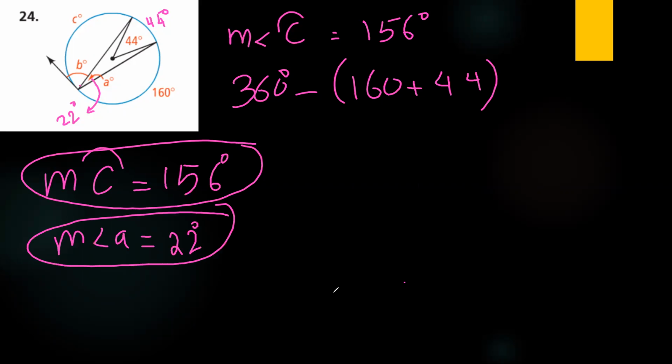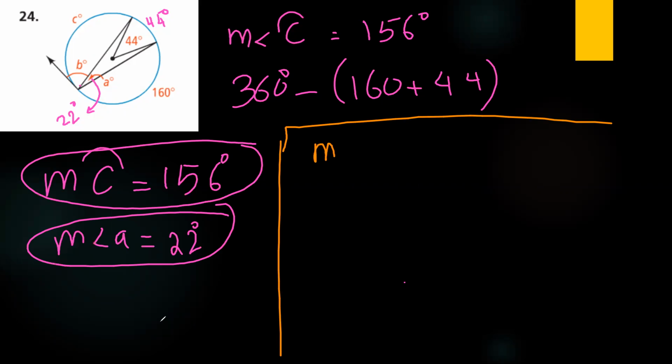Now, what is the measure of angle B? Half the measure of arc C. Yes, exactly. So the measure of angle B will be half the measure of arc C. Arc C is 156.